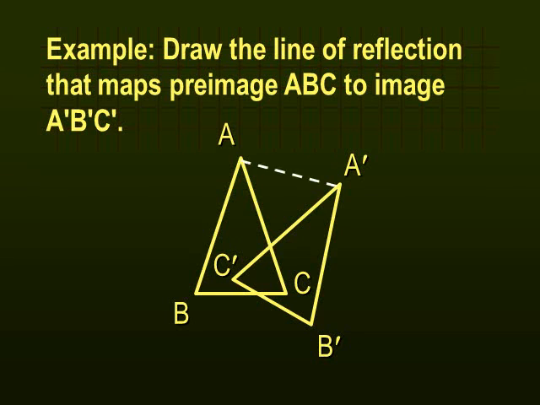I'm making little connectors between all the points, and that helps me see where they line up. There's the bisector of that segment, there's the bisector of that segment, and therefore there is my line of reflection. You're going to be doing these exact steps in your homework.